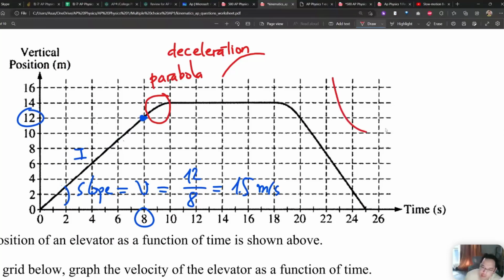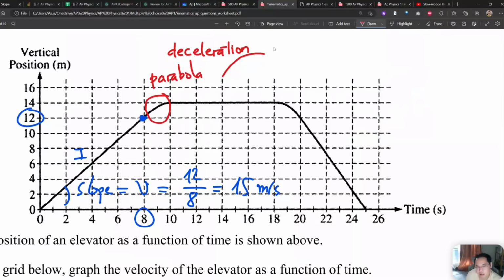An upward parabola, meaning the position change increases, the slope increases, meaning the velocity increases, so the acceleration is positive. But this graph is a parabola like this, meaning the slope decreases to 0. That is the deceleration.